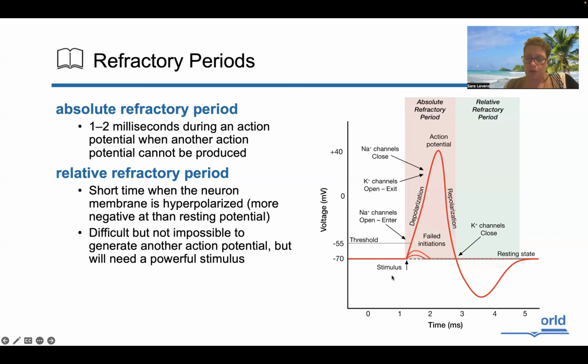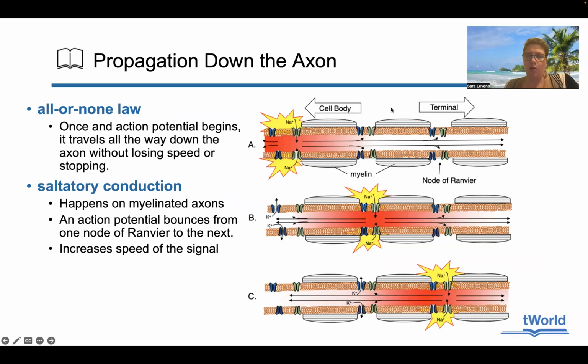Alrighty. So now, we've talked about the setup: the action potential is occurring. Well, then what happens? How does this action potential travel? First, we have this all or none law that largely aligns with this strict refractory period.